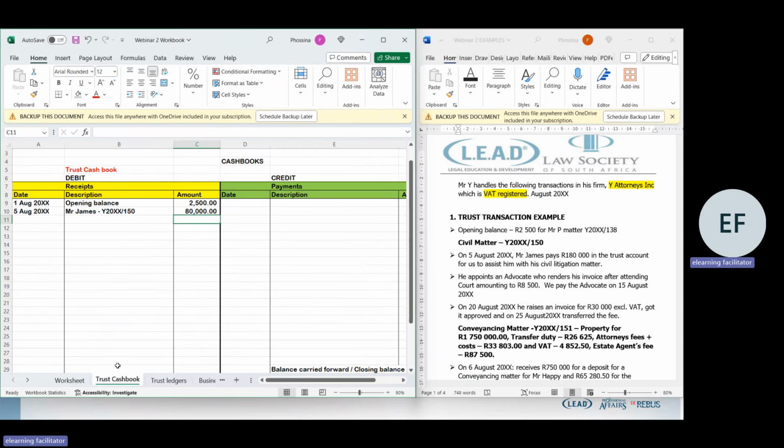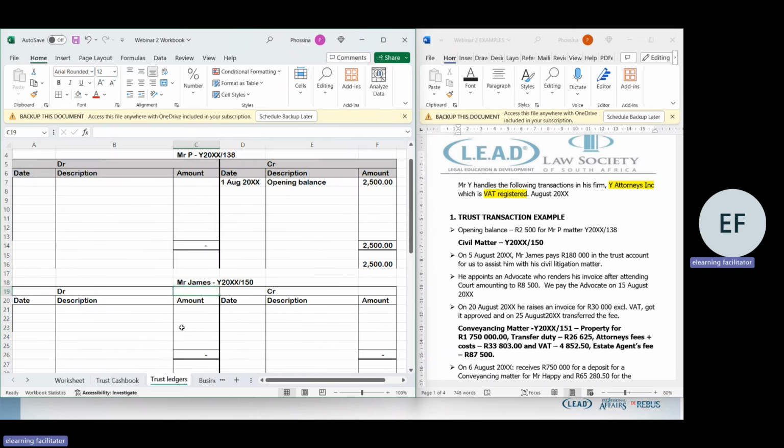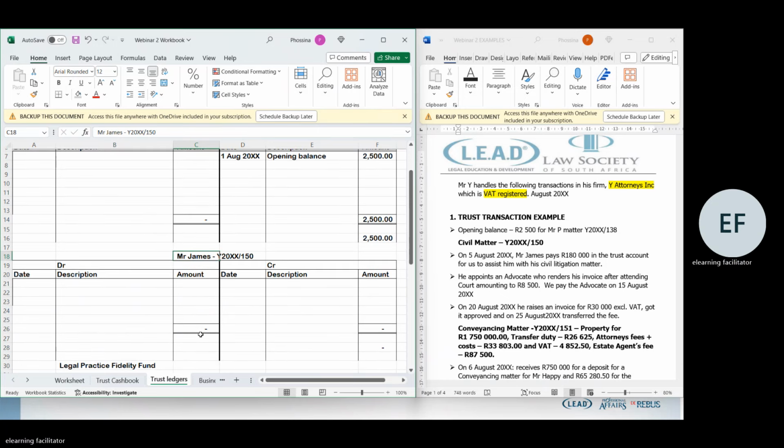The good thing about having references, I realized here I've recorded 80. It is supposed to be 180,000. The good thing about having references is that Mr. James can come appoint us for various matters, but we are able to track our matters if we have concluded a matter and if we are still running with the matter, or if we were paid, or we are still to collect from Mr. James, or if we have closed that particular file.